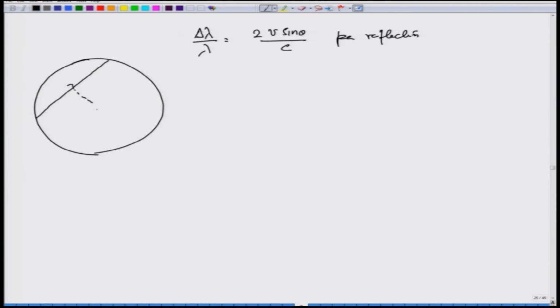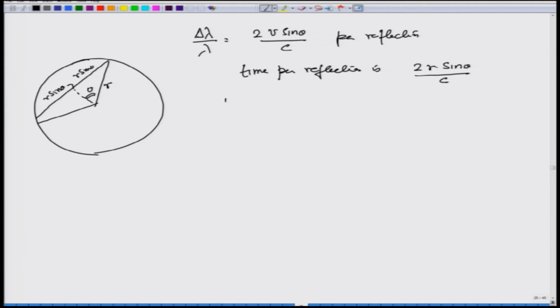Now, for each reflection, the distance travelled by light is, if the radius is r, then time per reflection is 2 r sin theta divided by c, because this is r, this is theta. So, this is r sin theta, this is r sin theta. Time per reflection is 2 r sin theta divided by c.